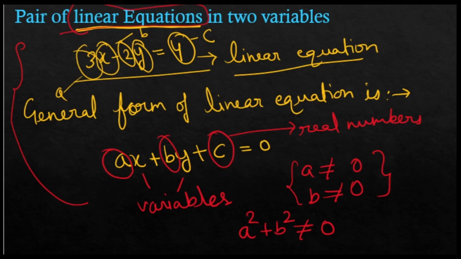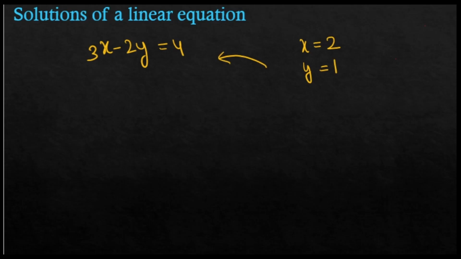Now let's get to know what the solutions of these linear equations are, what we have learned in class 9th. This is a linear equation, 3x minus 2y is equal to 4, as I mentioned earlier. If I assign the value 2 to x and 1 to y in this equation, what will happen?